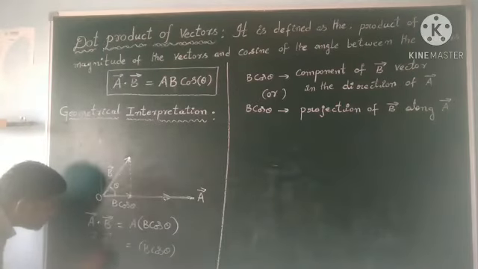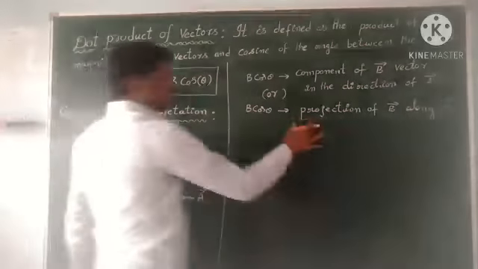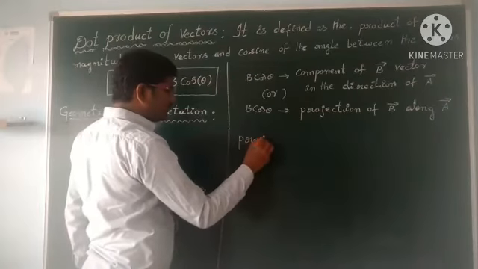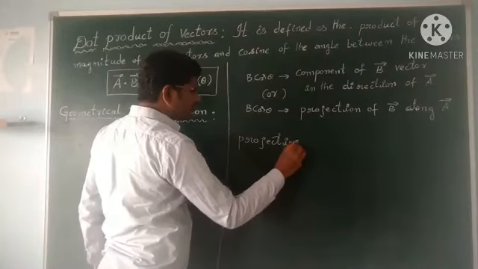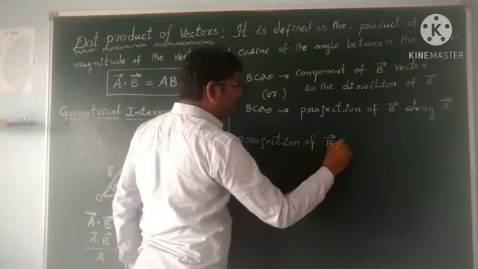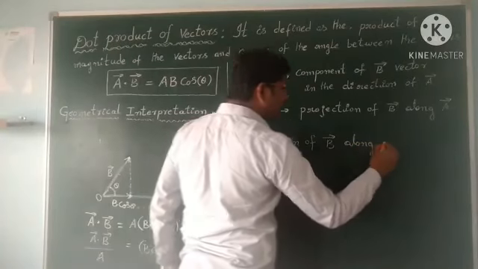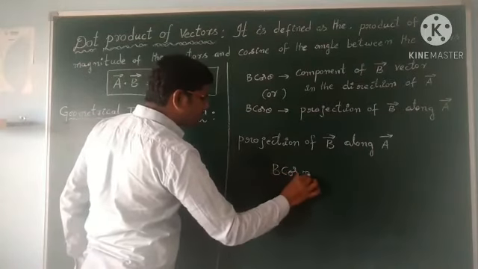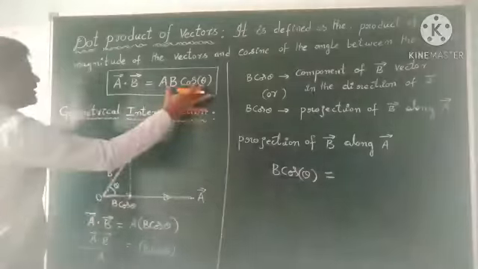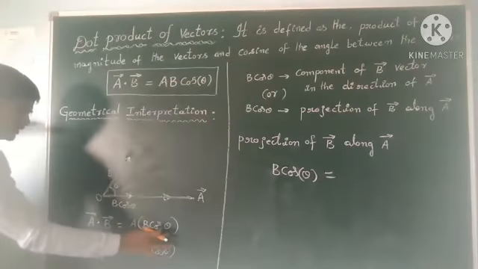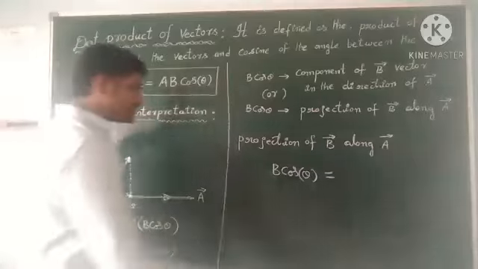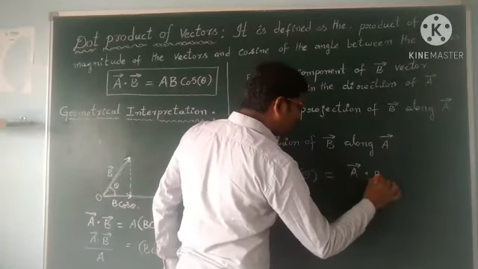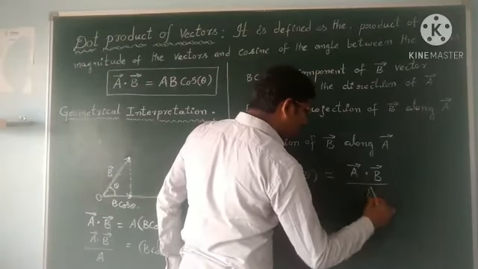A bar dot B bar by A. So the projection of B bar along A bar, that is B cos theta, is A bar dot B bar by A, the magnitude of the first vector.